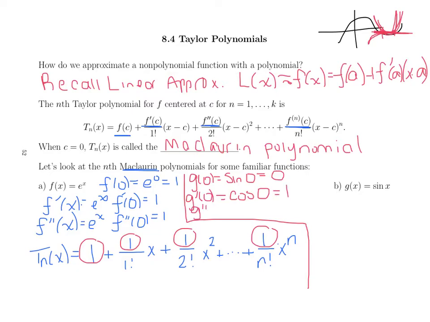If we take the second derivative at 0, we're going to get a negative sine at 0, which is going to be 0. And if we take the third derivative, I think you'll see that we get negative cosine of 0, which is negative 1. And then the next derivative, I believe, goes back to sine.